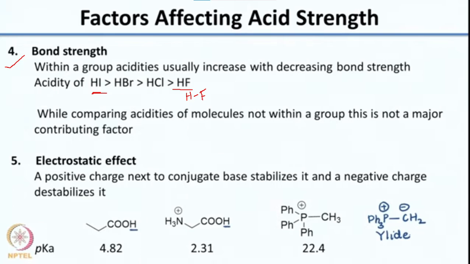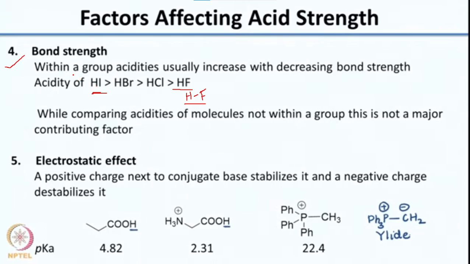But in the case of HF, there is hydrogen bonding also, and the HF bond is very strong because of similar size. So in halogens you can see when the bond length is high and bond strength is low, the acidity is high, right?